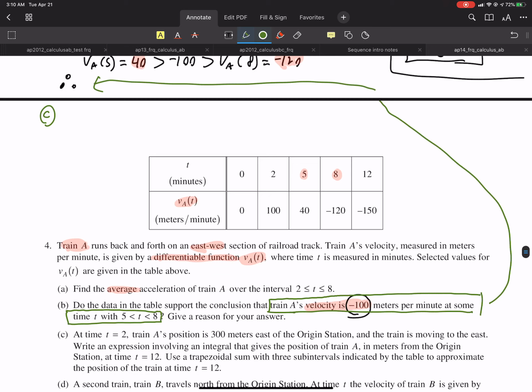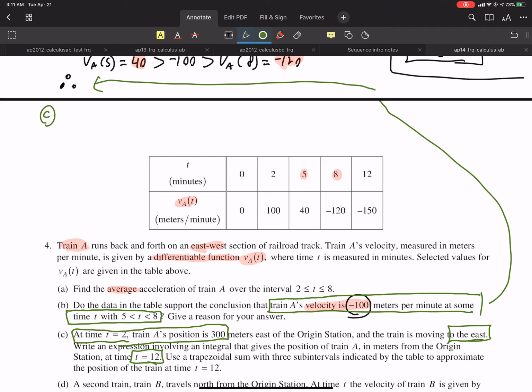So at time t, the train's position is 300. That's important. So we have a starting position. And the train is moving to the east, so that's to the right. You want the position of train A at time 12.